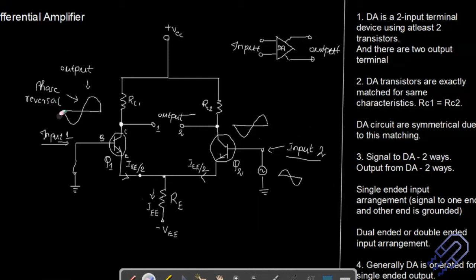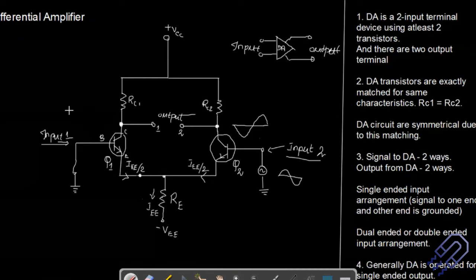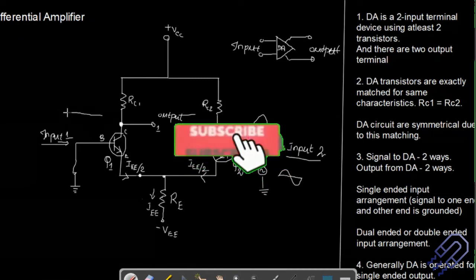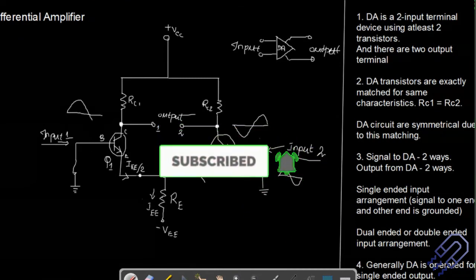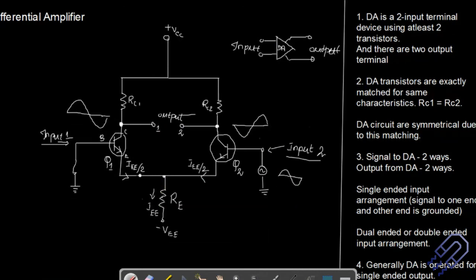On the other hand, what happens here? So on this end I'm going to get a signal which will be in phase. So the logic is the same.